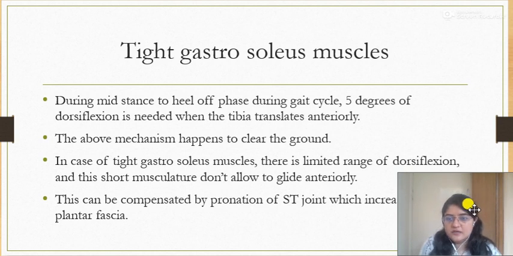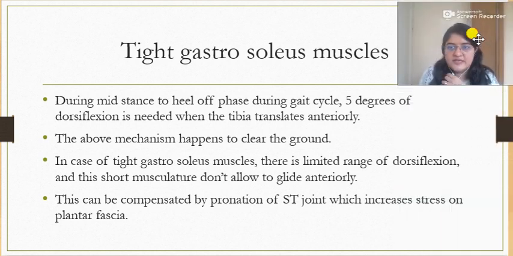The other reason because of which the athlete or the person suffers from plantar fasciitis is tight gastrosoleus muscles. So here is a little bit of explanation of the pathomechanics about how the calf muscles will lead to plantar fasciitis.